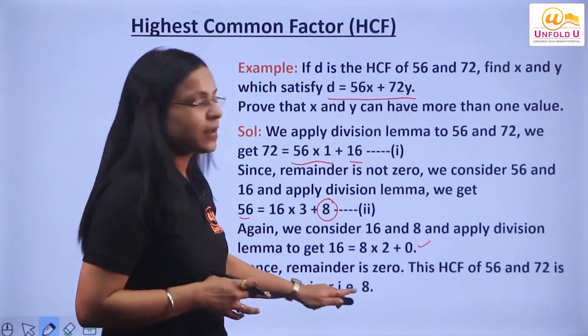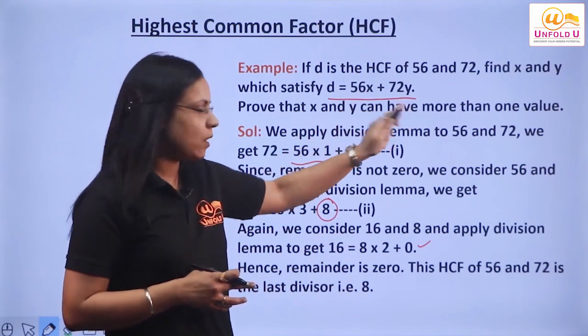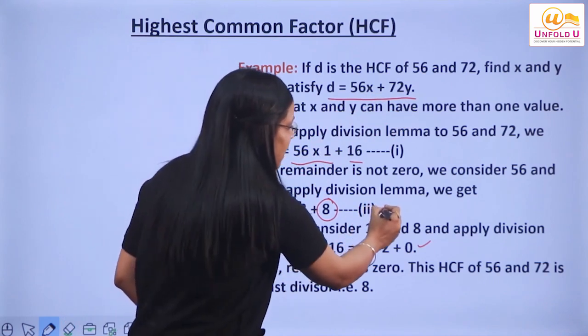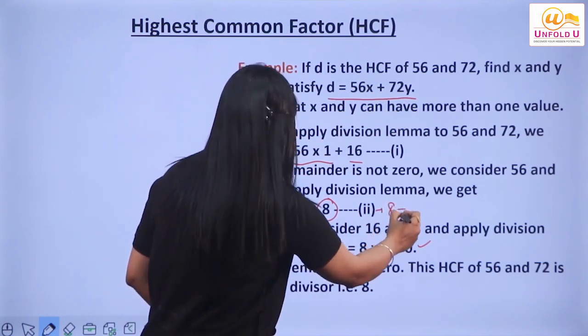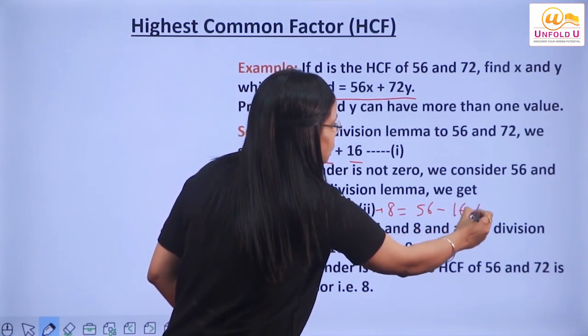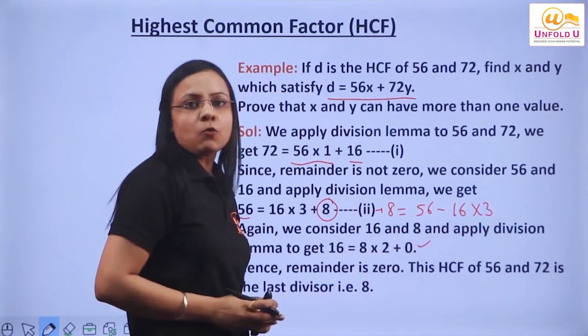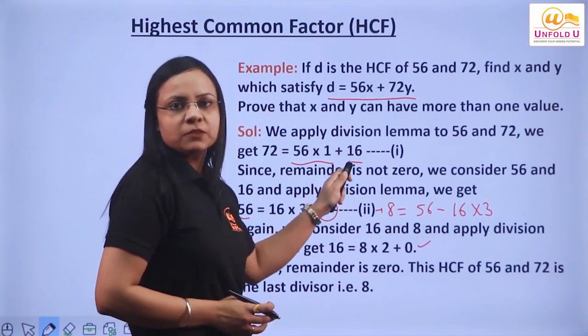Now we want to express this 8 in the form of 56x plus 72y. So for that, we find the value of 8 from this equation. We get 8 is equal to 56 minus 16 into 3. And now we put the value of 16 in this equation from the first one.